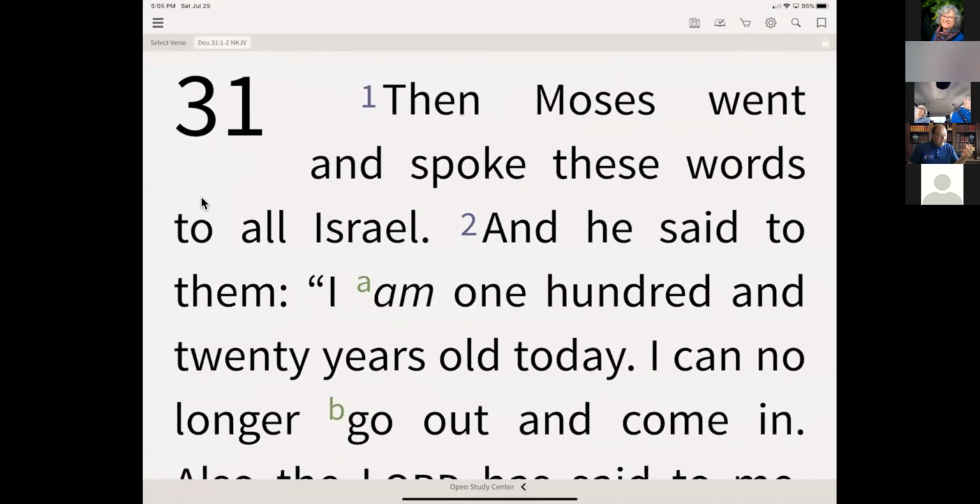Particularly, you're going to have 1, 2, 3, 4, 5, 6, 7, 8 parashot. That's what's done in one long speech.